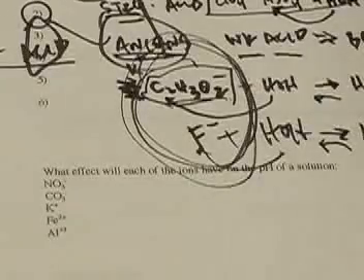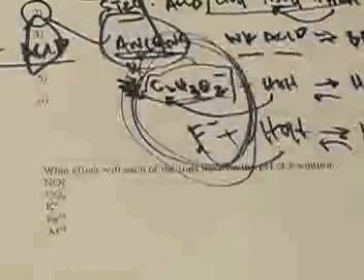So, summarizing once again, the 6 rules about whether a salt will be acidic or basic. Remember that a salt came from 2 things. It came from a cation from a base and an anion from an acid. Okay?